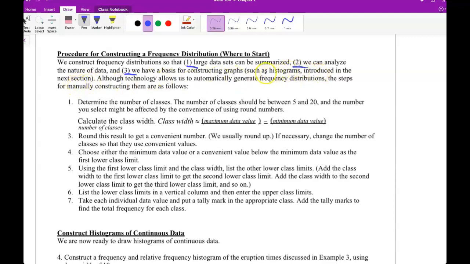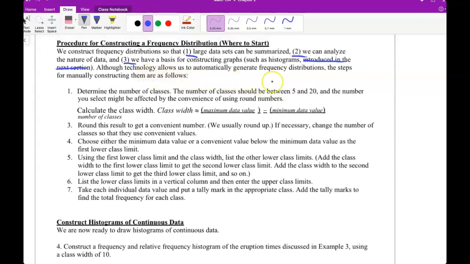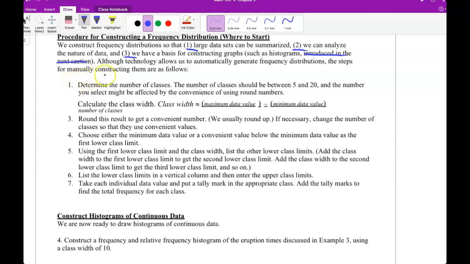Okay, we already had this one here, so disregard that one. Also, we can use technology. So here are our steps for constructing, as follows. The first one, determine the number of classes.